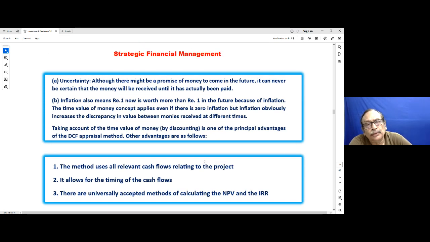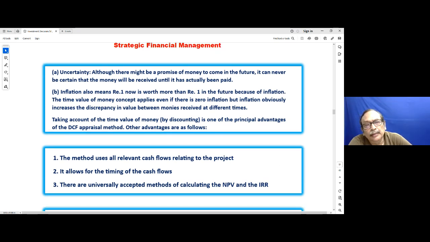Inflation also means rupee 1 now is worth more than rupee 1 in the future. The time value of money concept applies even if there is zero inflation, but inflation obviously increases the discrepancy in value between monies received at different time periods.